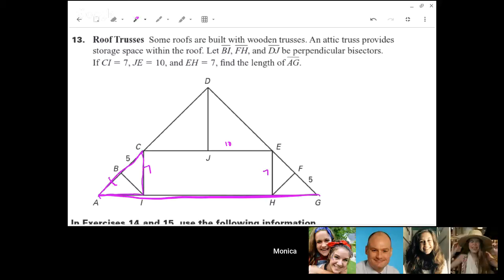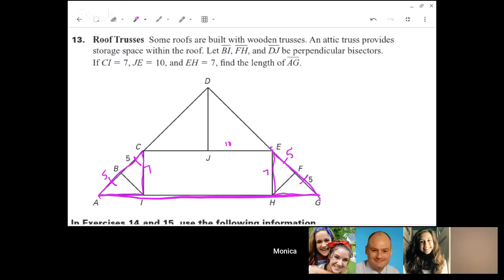Okay. So that's going to tell us that that part is congruent with this part. So it's also 5. FH is a perpendicular bisector. So that will be a bisector of this triangle. So that will tell us that these parts are also congruent, which is 5.